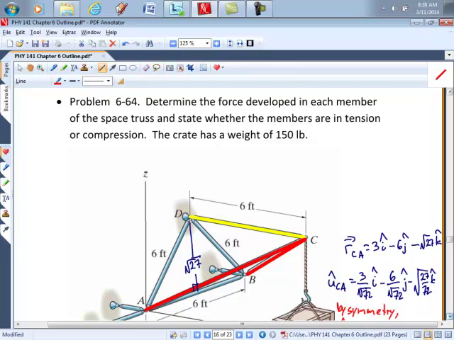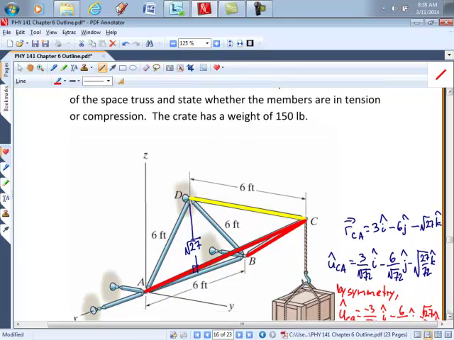Which point should we go to next? Okay, so we would go to A, B. Why would we go to A, B, and not D?